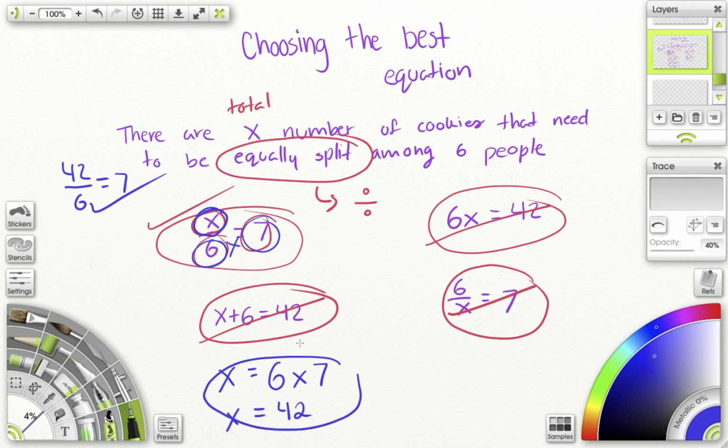So you're going to have a series of problems and you need to choose the equation that best fits it. So this is where you have to really pay attention to the wording. Division will be something like "equally split amongst." Subtraction might be "he spent this much money" or "he lost this amount of items."